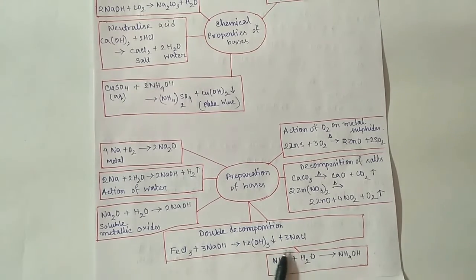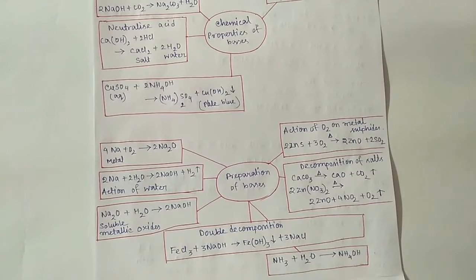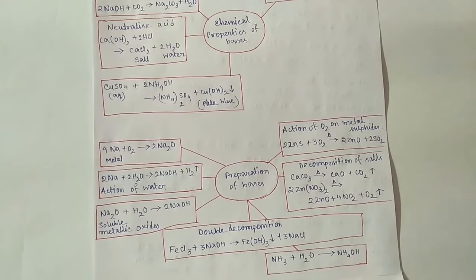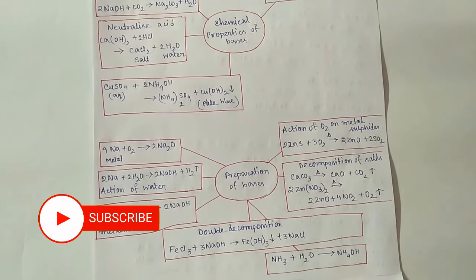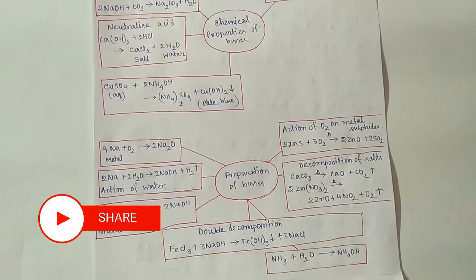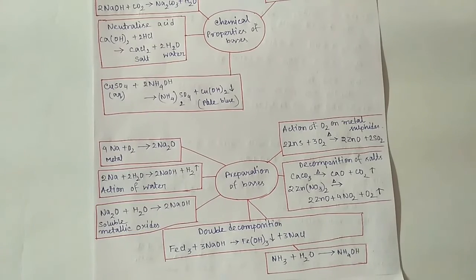It also produces a salt soluble in water, NaCl, sodium chloride. And the last thing: ammonium hydroxide is itself a base. I have told you that it is a weak alkali. Ammonium hydroxide can be prepared by simply dissolving ammonia gas in H2O, because ammonia gas is highly soluble in water.